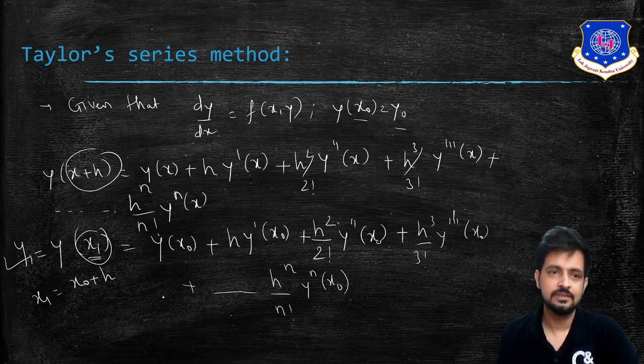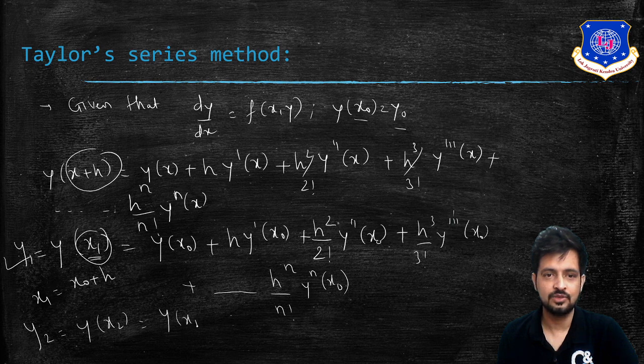So this is the formula for finding the first approximation y1. If I want to find y2, then what I have to do? For y2, we have to replace x0 by x1. So you can write this formula.